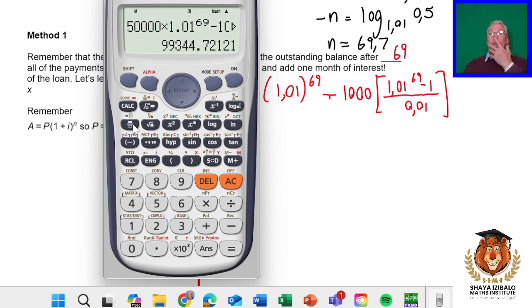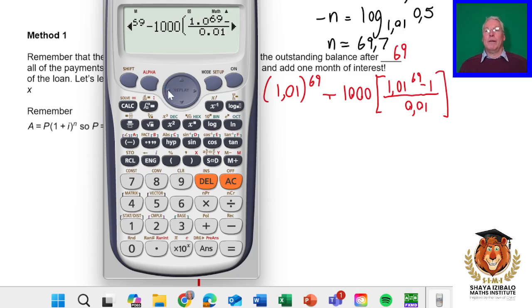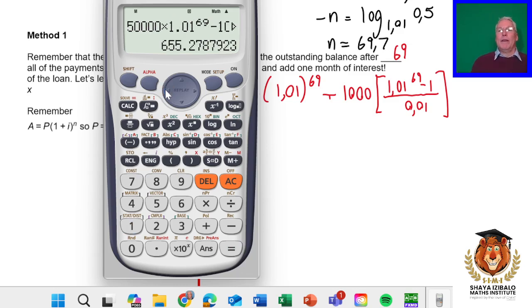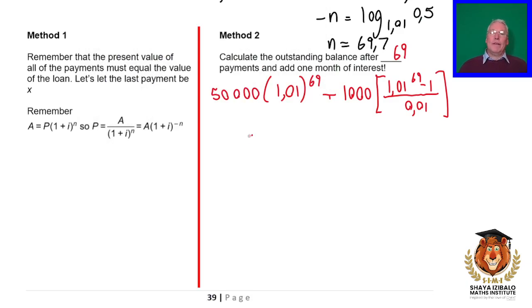I don't think we put in our 1,000 properly. We left something out here, a very important thing. Okay, we get 655 and 28 cents. But that's the balance after the 69th payment has been made.